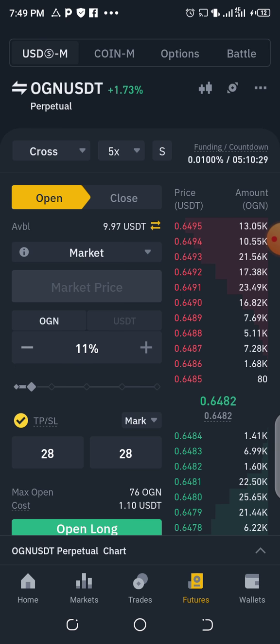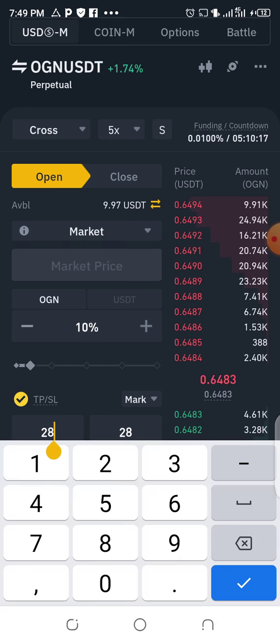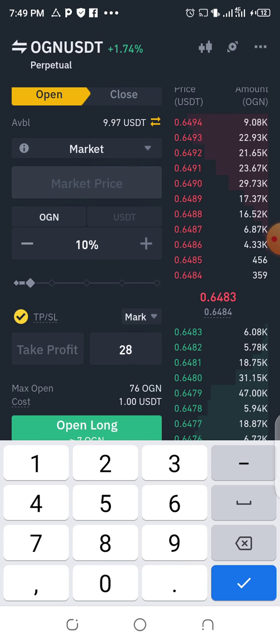10% of my wallet balance. I'm going to adjust the leverage to 10%. If I want to long it, I'm going to take my profits.